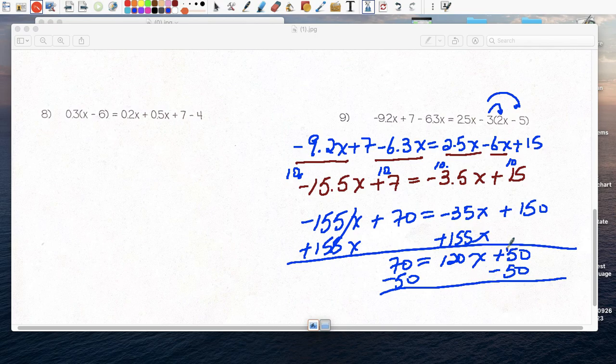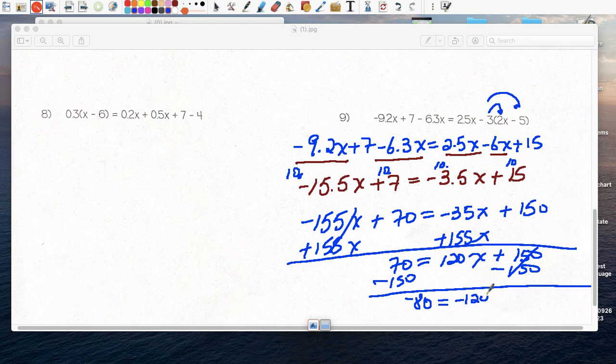Oh, that's 150 by the way. Sorry, let me take this back. Yeah, mistake. So that's 150. So I'm sorry, minus 150 on this side, minus 150 on this side. That goes away. Negative 150 minus 70 is negative 80 equals 120x.